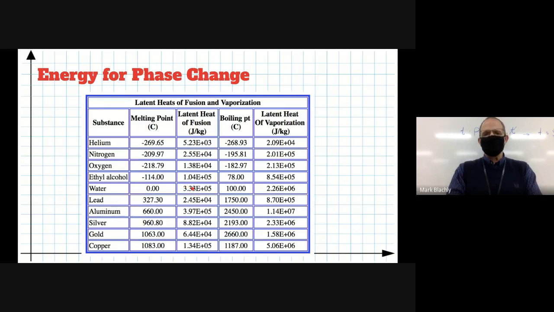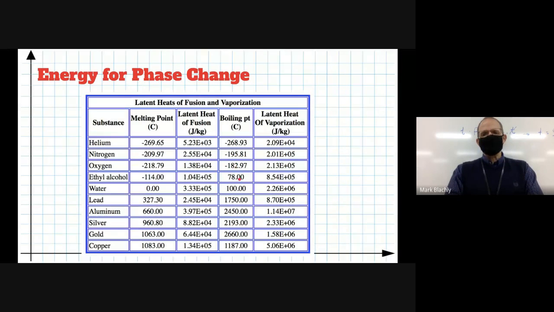The second thing tells you how much energy you need to change it from a solid to a liquid. 3.33 times 10 to the fifth means 333,000 joules of energy are needed for every kilogram of water. So this thing right here tells you, look at the units at the table. It tells you how much energy is needed per kilogram. Okay?